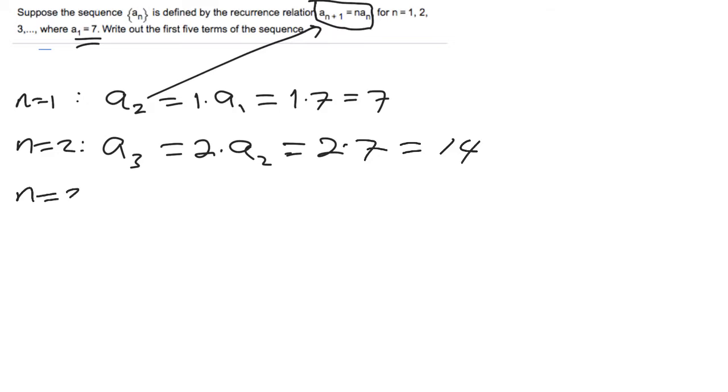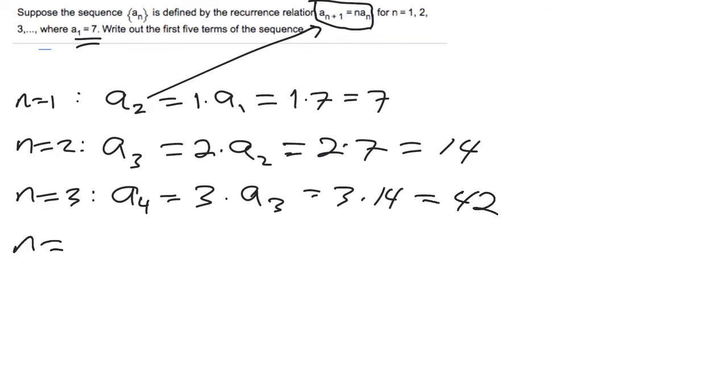If n equals 3, I'll have a sub 4 is equal to 3 times a sub 3, which is 3 times 14. The 3 is from here. The 14 is because a sub 3 is equal to 14 from the previous row, and that's 42.